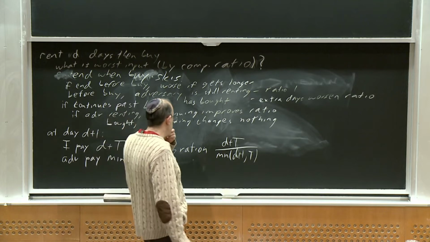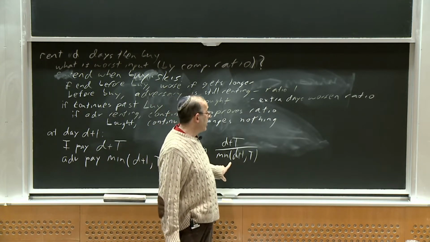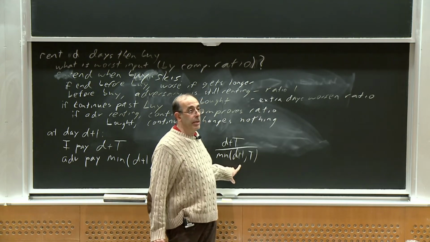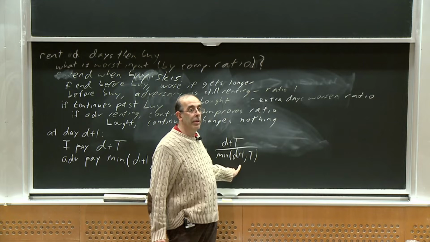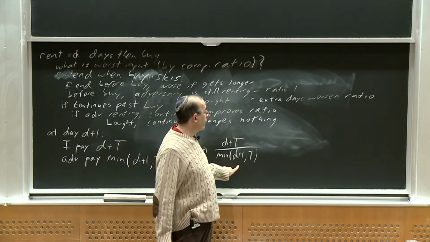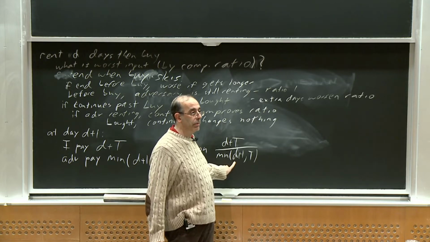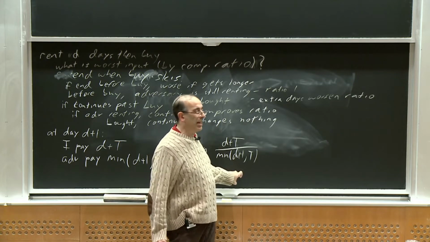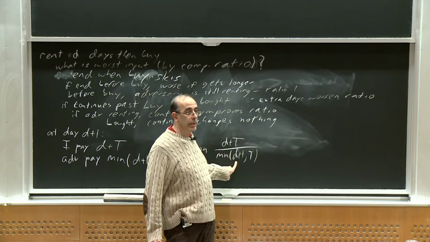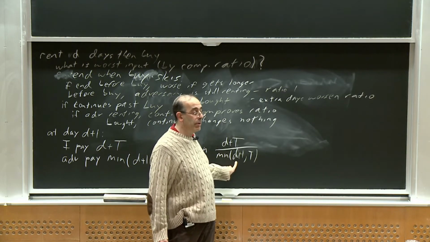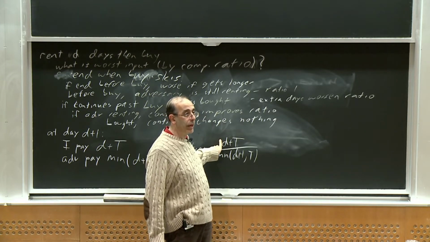Now, if you think about it, if D is smaller than T, then as you increase D, the denominator increases, right? So you shouldn't make D smaller than T if you're trying to minimize the ratio. You should grow D until D is equal to T. At that point, if you keep increasing things, you're also going to be increasing the numerator, and it's going to make things worse again.